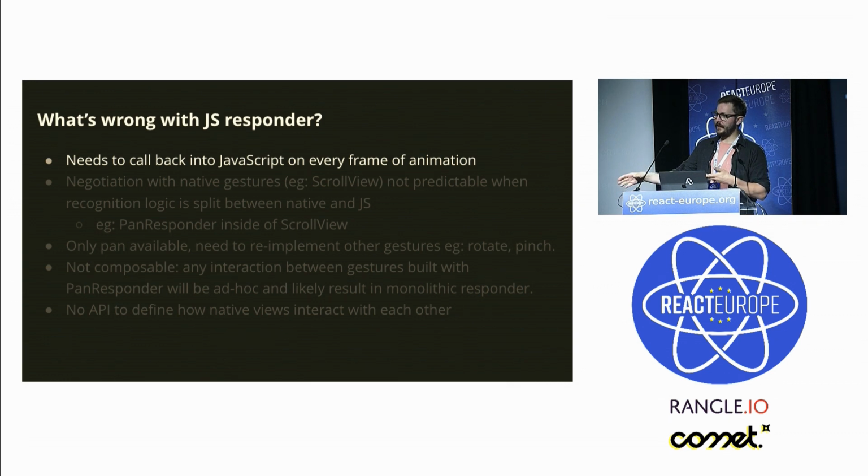Maybe there's already a designated responder because one of the components has handled it. It has to have that component then execute some code that responds to the event and maybe updates an animated value or does whatever it's going to do in response to the touch event. It then has to recompute some state and send that back over to the UI thread, and then the UI thread updates itself according to what was just provided to it.